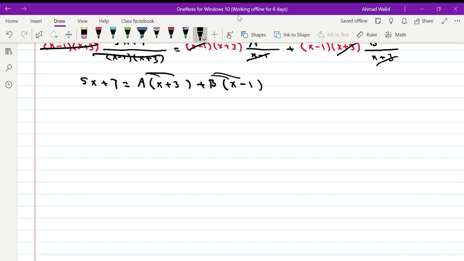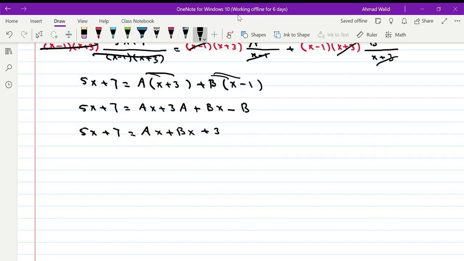Then 5x plus 7 equals Ax plus 3A plus Bx minus B. Write in descending order: 5x plus 7 equals Ax plus Bx plus 3A minus B. Factor x here, then 5x plus 7 equals A plus B times x, when you factor x, right?